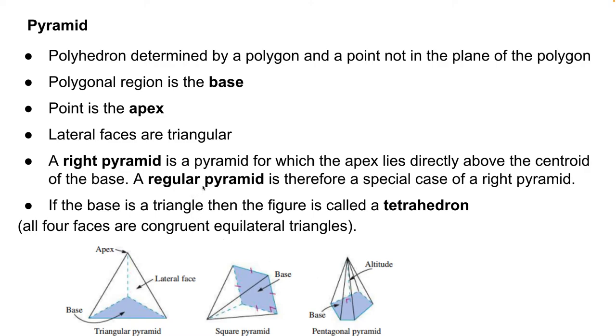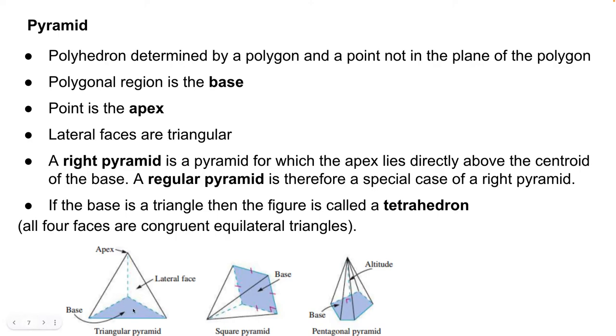And what is a regular pyramid? A regular pyramid is when you have a regular polygon as the base, for example a regular pentagon. A square is a regular quadrilateral because all four sides are congruent and all four angles are congruent, right? In that case, it's a regular pyramid. If it's a regular pyramid, it's always a right pyramid too, because it will drop right in the middle, okay?